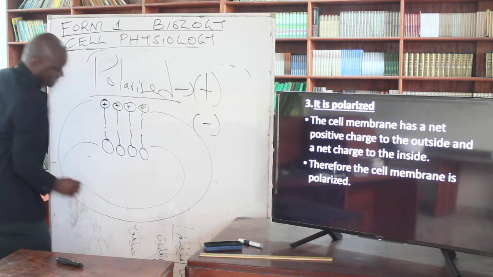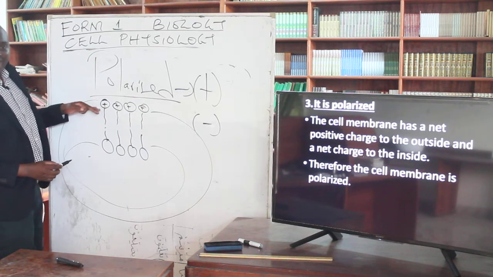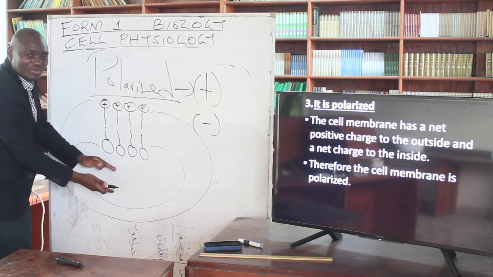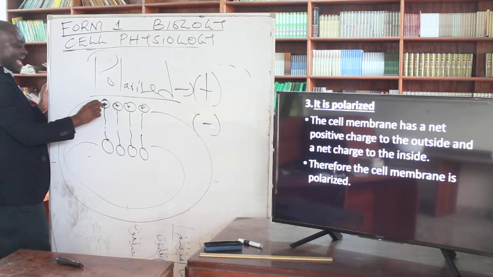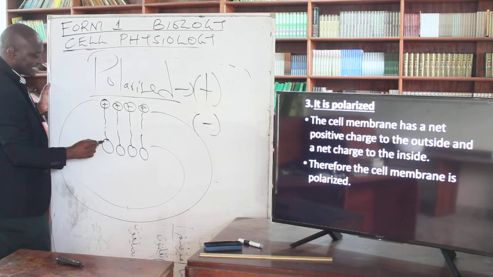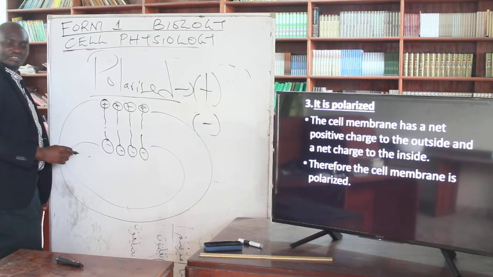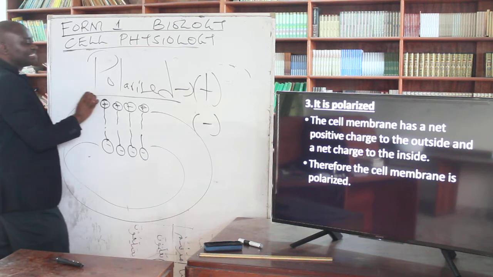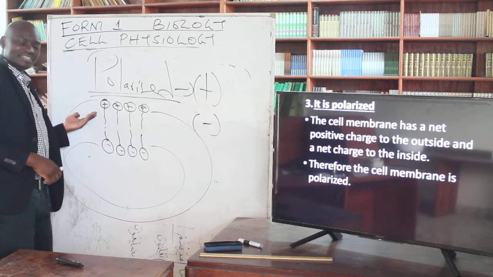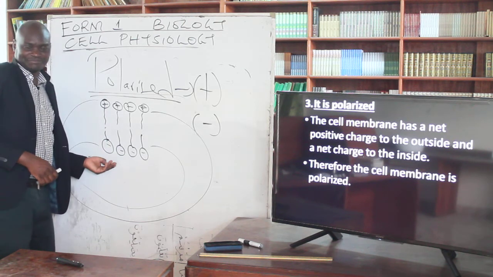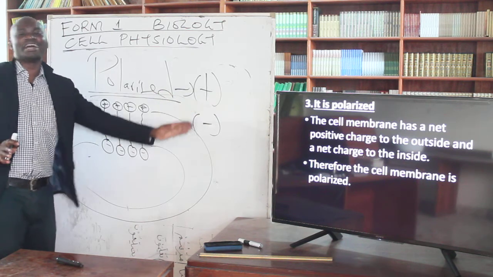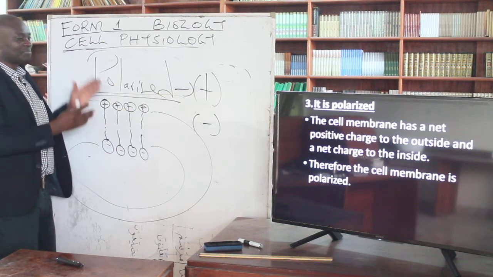So this is the outside, the outer part of the wall, the inner part of the wall. So to the outside, it is positive. The inner part is negative. So what happens? We say it is polarized because the cell membrane has both positive and negative charges. It bears both the positive pole and the negative pole. So you say it is polarized.